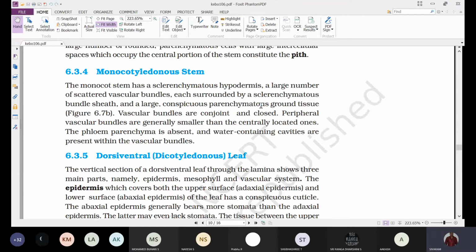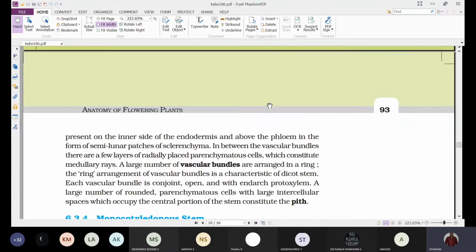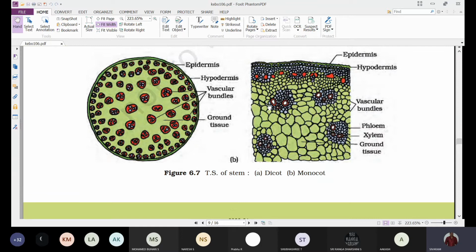These lysigenous cavities are present within the vascular bundle, especially within the xylem. We find the water-filled cavities called lysigenous cavities, which are observed in the monocotyledonous stem. When you observe the diagram, we can see it very clearly.